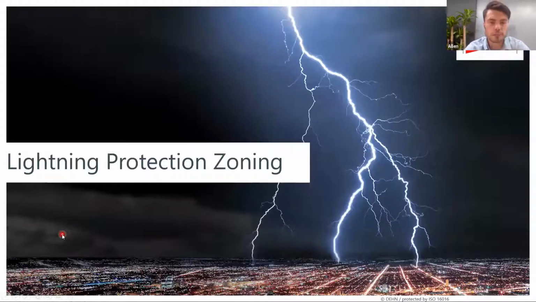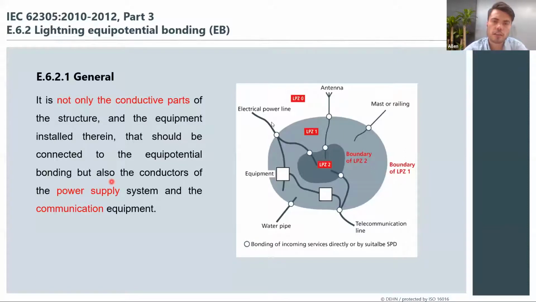Lightning protection zoning concept. Generally, the lightning protection zoning concept is defined as you have a lightning protection level 0, which is on the outside of a building, and you have your lightning protection zone 1, which is, for example, inside your building. The standard defines that you need to place surge protection devices or do equipotential bonding if you move between zones. So let's say you have your electrical power line coming from outside into your building.